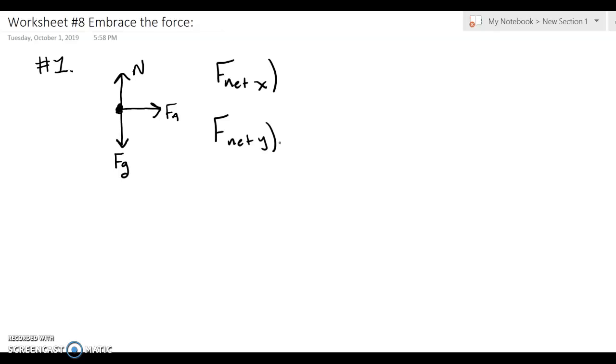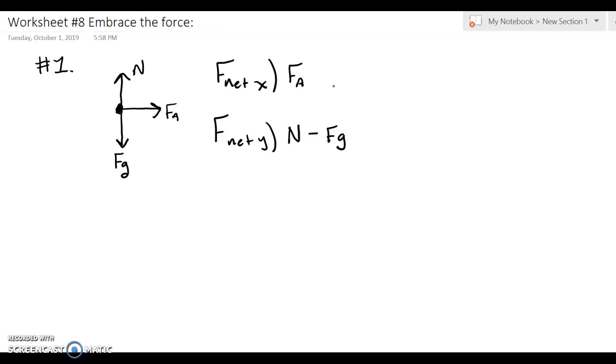Here, I don't have any forces at an angle. I also have two forces in the y direction, the normal and the force of gravity, so N minus Fg. I have one force in the x direction. Each of these is the sum, or the net force, in each direction.